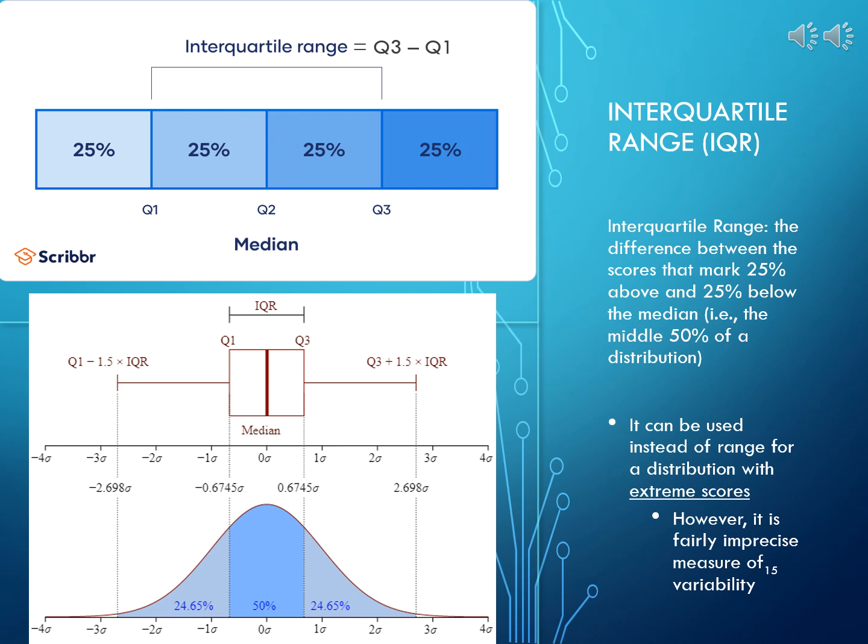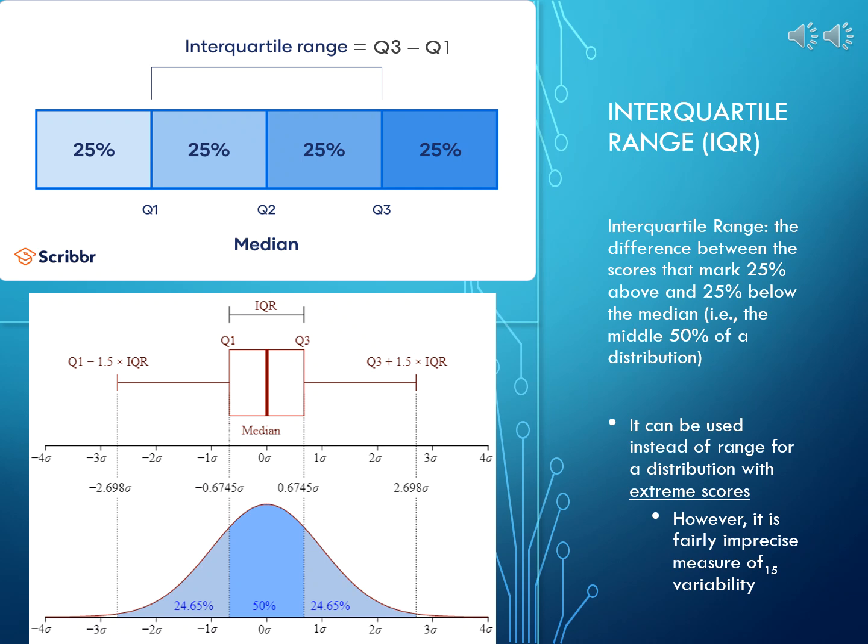So Q2 is the median, and the interquartile range is the difference between the third quartile, Q3, and the first quartile, Q1, which means the interquartile range is the range of scores in the middle 50% of a distribution. Hopefully it makes more sense if you look at the bottom image there.